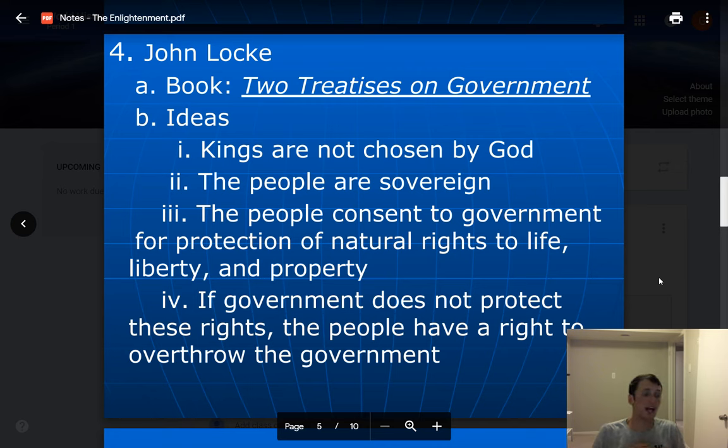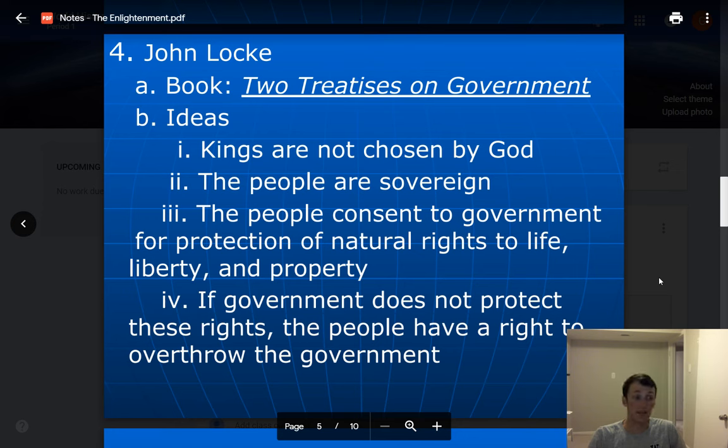So anyway, back to John Locke. He writes this book called 2 Treatises on Government. Ultimately, he feels that kings are not chosen by God, and this is an extremely radical stance for the time period, if you remember the time period we're talking about. He feels that people are sovereign and effectively consent to their government, for protection of what he dubs natural rights, which are life, liberty, and property.